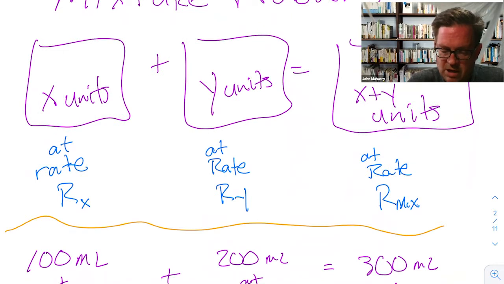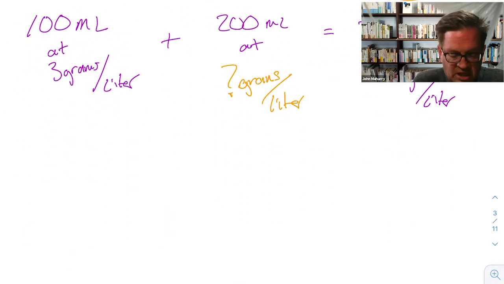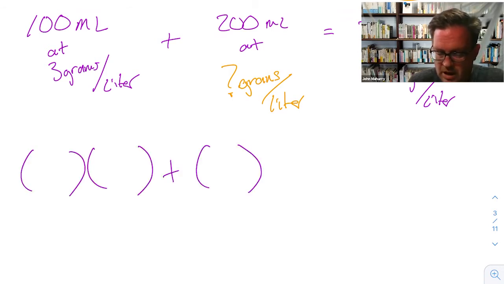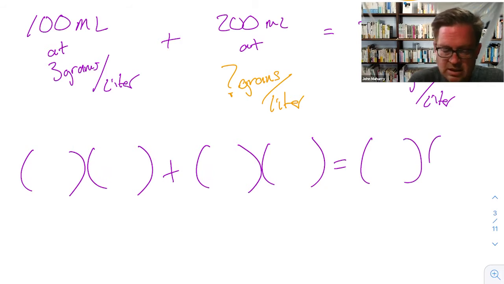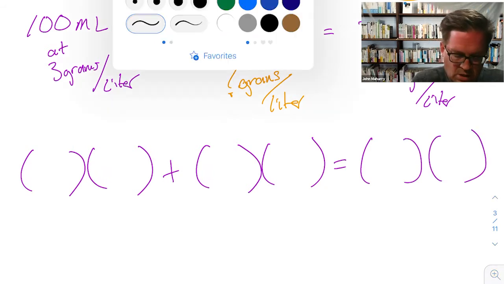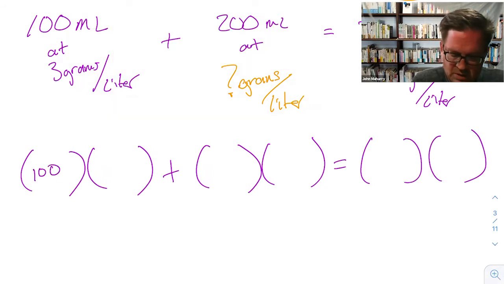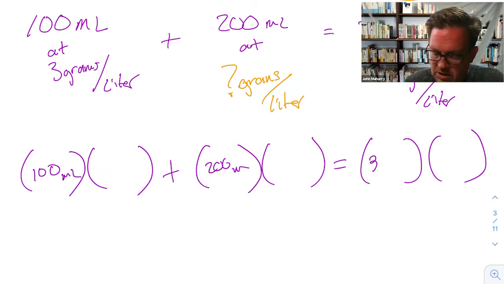What if you had a different problem, the chemistry problem? You set it up the same way. Every one of these is going to be these percents, and you've got the amounts, 100 milliliters and 200 milliliters. It ends up being 300 milliliters, and you multiply those by the rates.